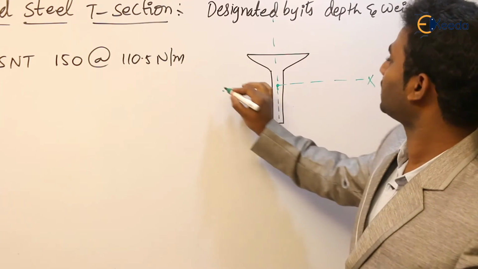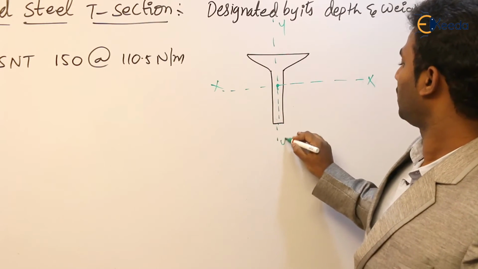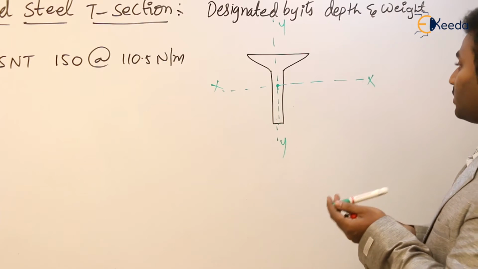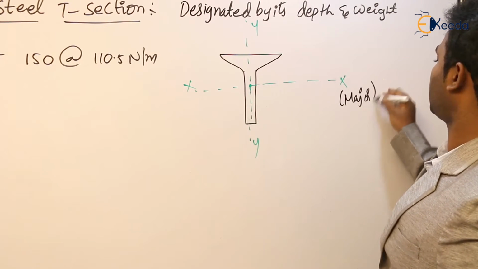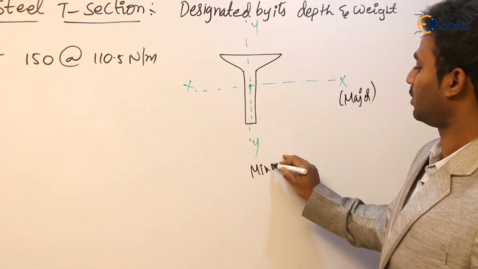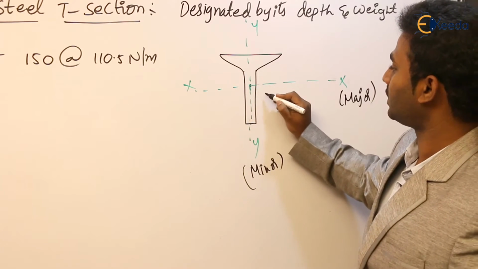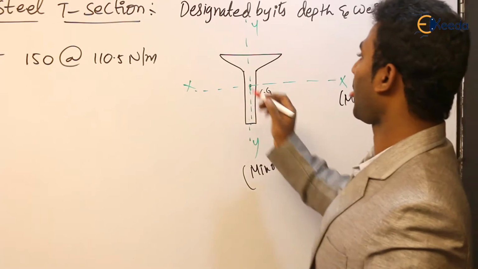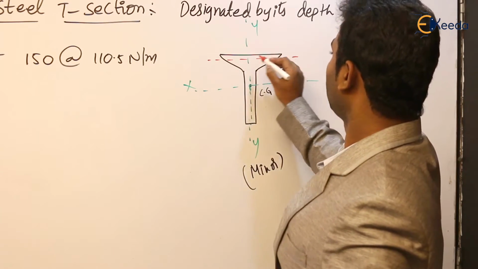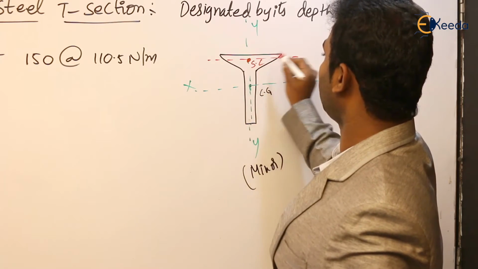So this is XX and this is YY. This XX is the major axis, and here it is the minor axis. And here is where the CG lies. In this case the shear center lies at this location.